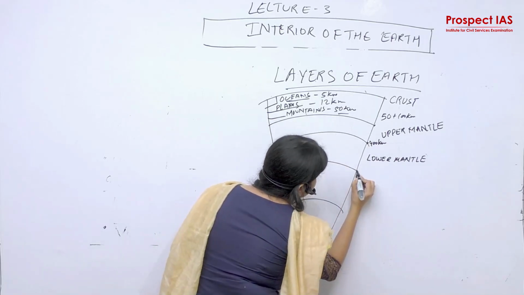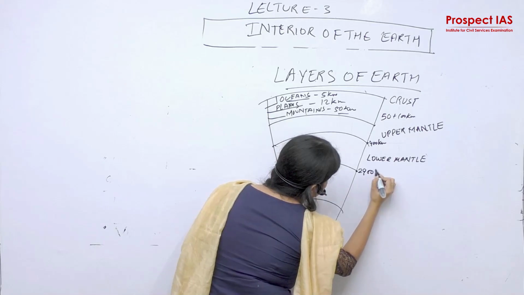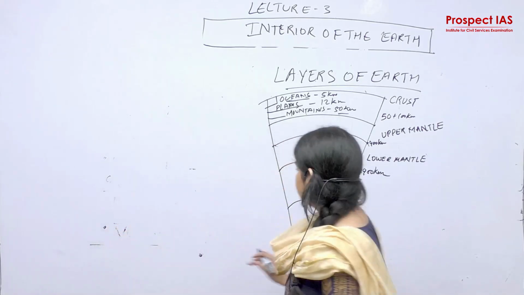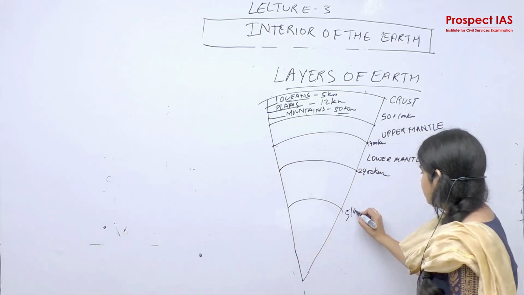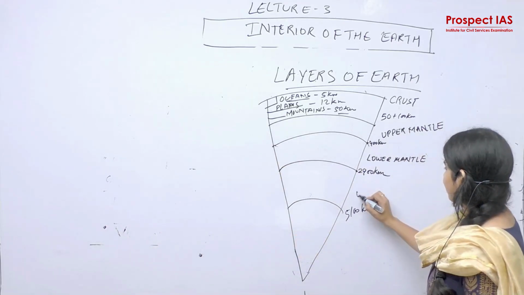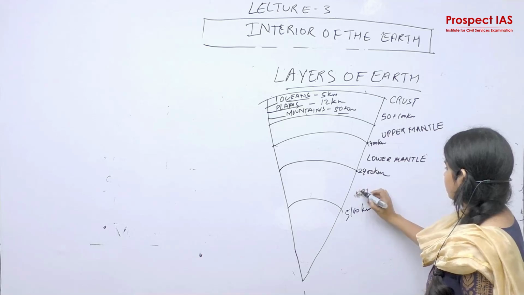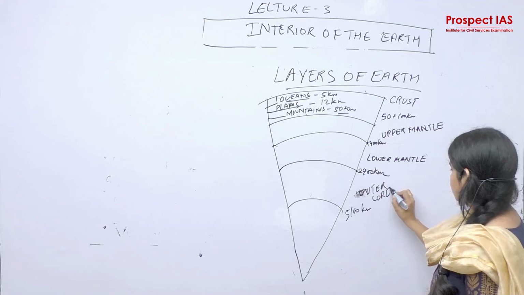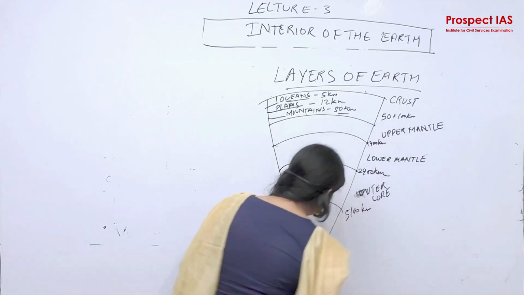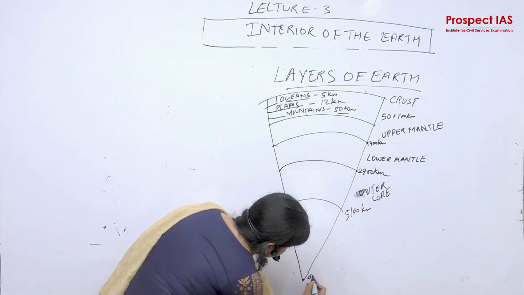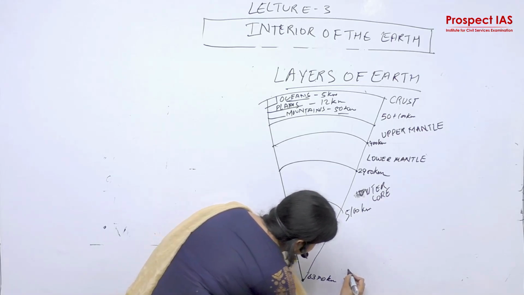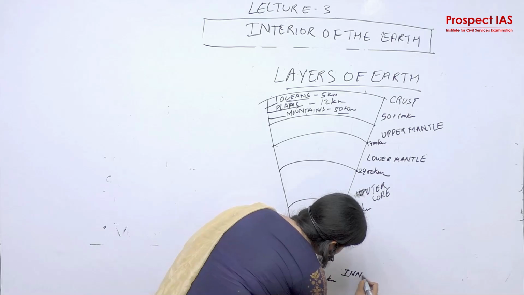Here the mantle ends at 2900 kilometers. Again, 5100 kilometers till outer core, and then 6370, the point of the radius, is inner core.